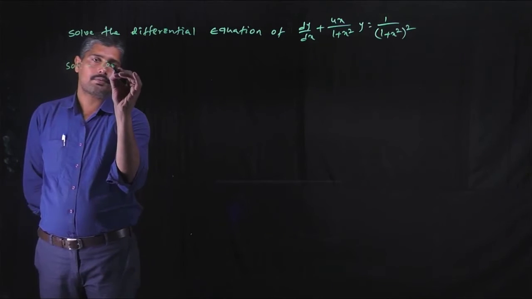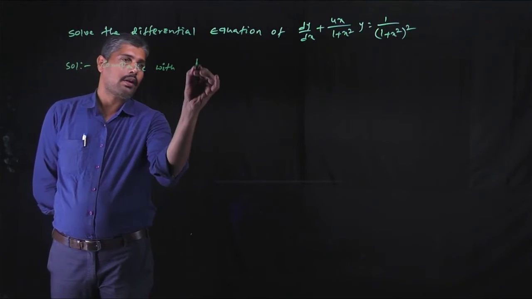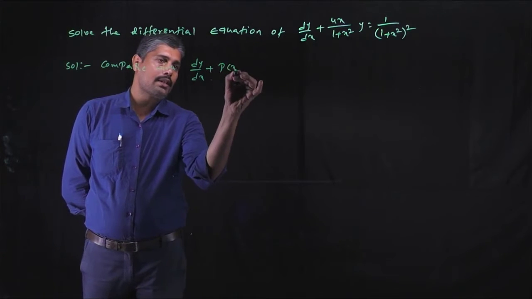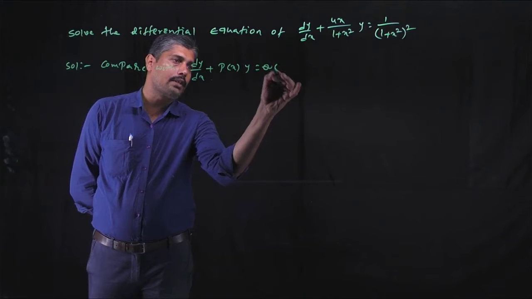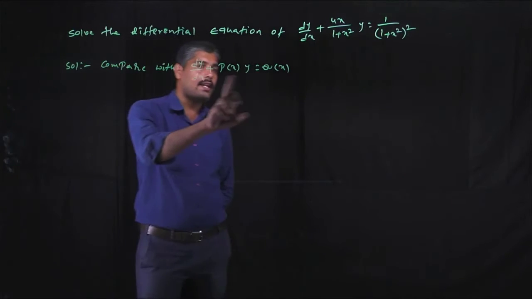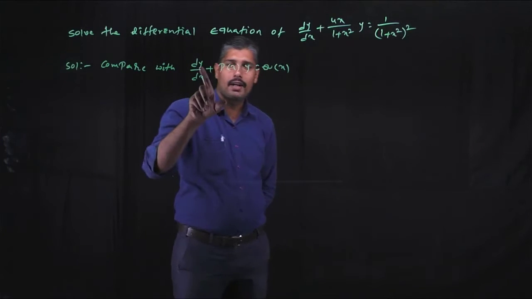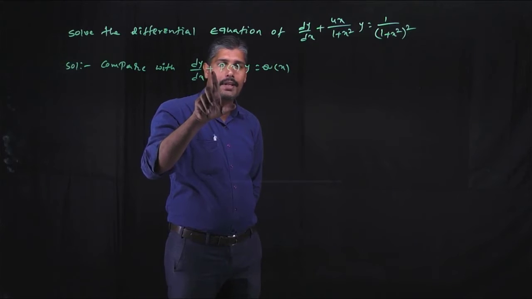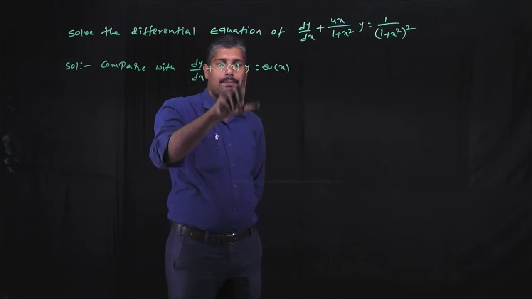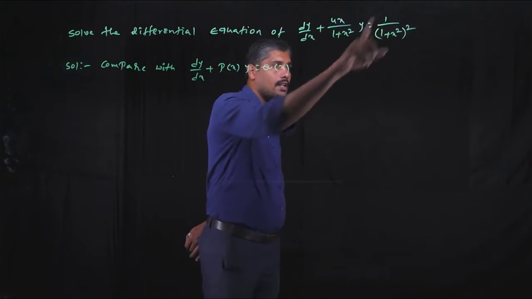Compare with dy by dx plus p of x into y equal to q of x. Here p of x and q of x are functions in x. Here y is there, p of x is 4x by 1 plus x square, and q of x is a function in x.